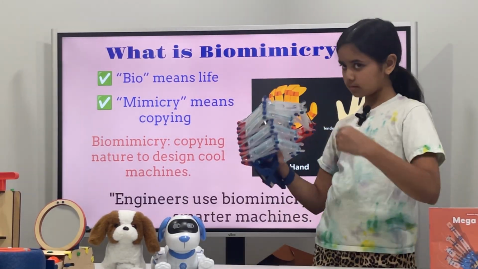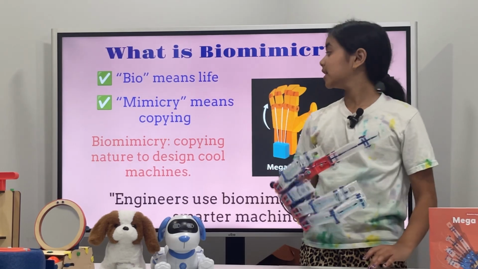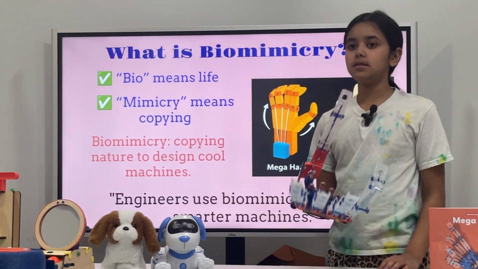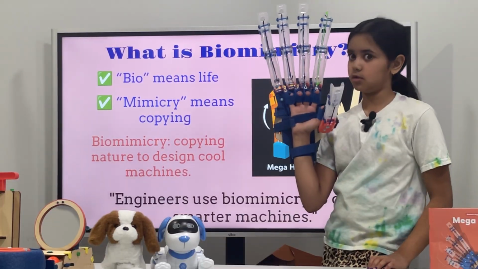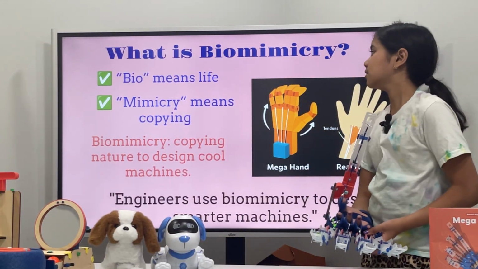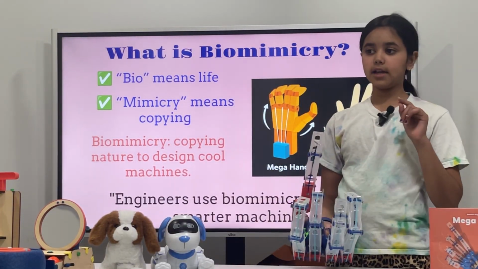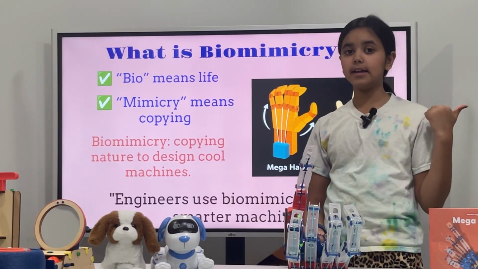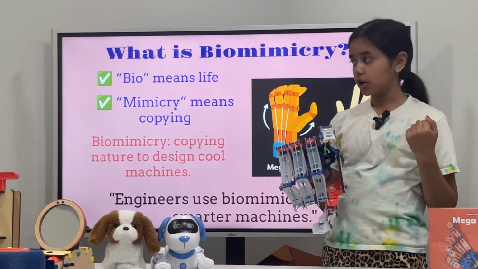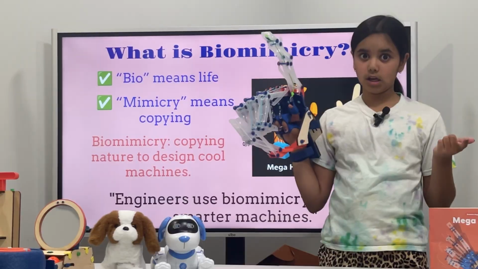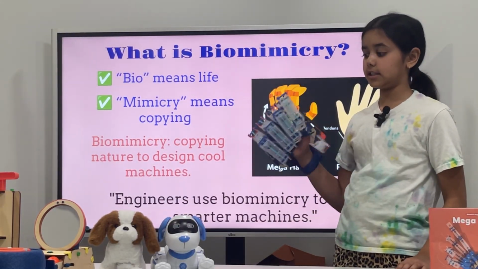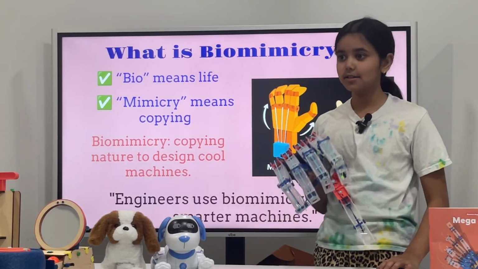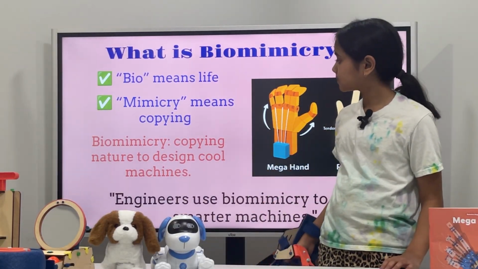So how is that biomimicry? So biomimicry means, remember how mimicry means copying. So bio means, we'll talk about in the next slide, about nature and copying. So it says copying nature to design cool machines.